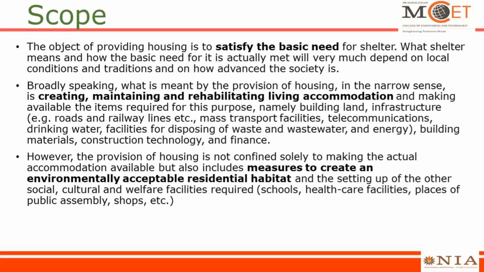Because local conditions are like that, and people generally live in some small houses, right? Maybe G+1, meaning ground floor plus first floor, or at best a second floor. And it also depends on how society is. In developing countries you see one thing, in developed countries you see something different.